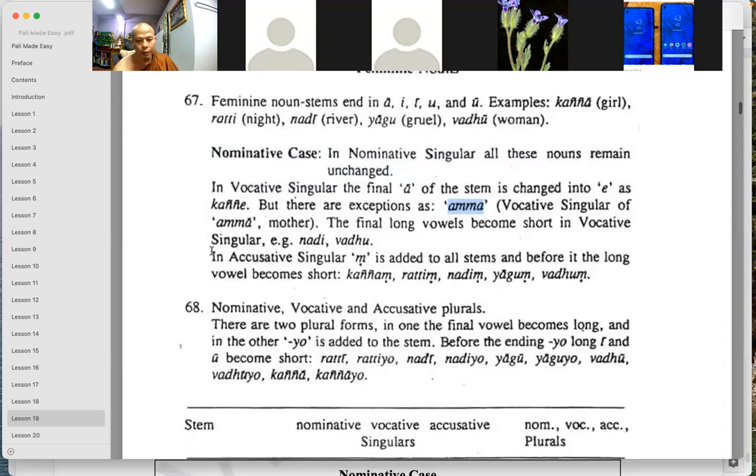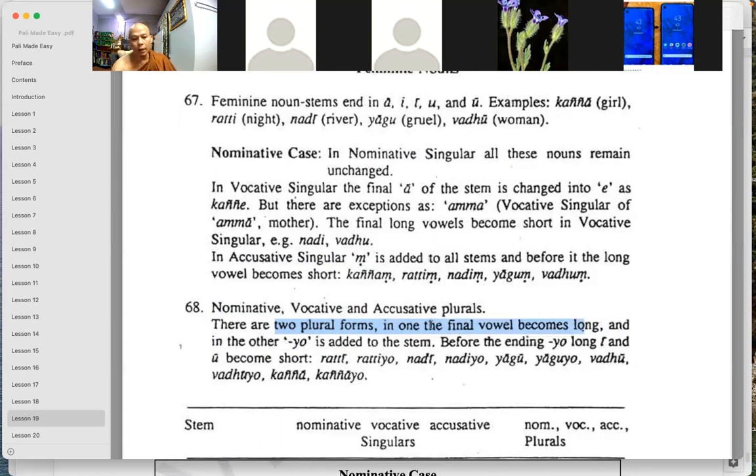And then in accusative case singular, am is added to all stems. And before am, the long vowel becomes short. So that is kanyam, ratim, nadim, yagum, wadum. We finish. And then nominative, vocative and accusative plural. There are two plural forms. One is where the final vowel becomes long, like kanya, rati, nadi, yagu, wadu.